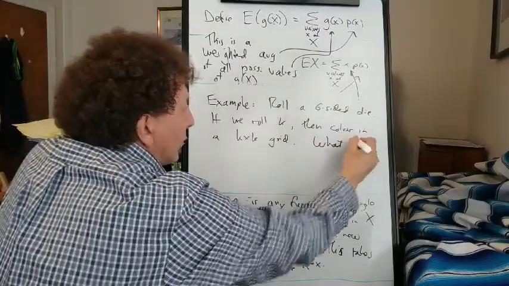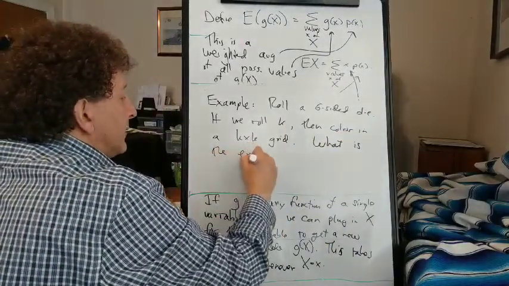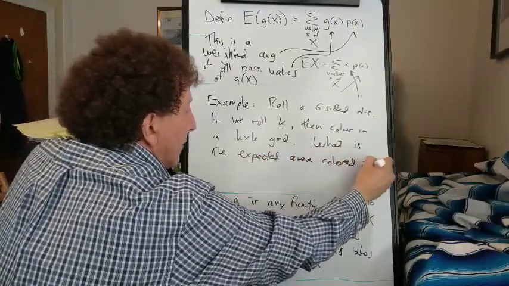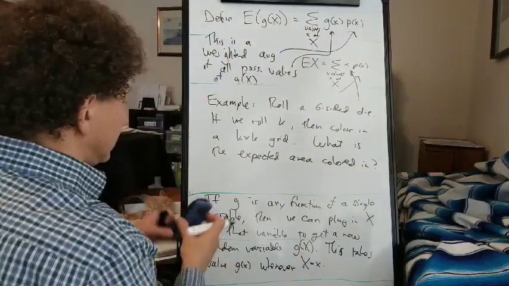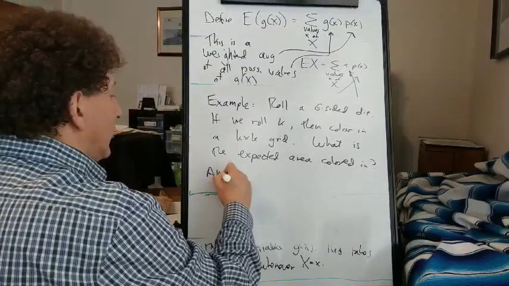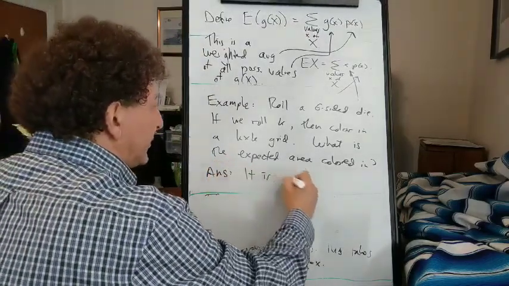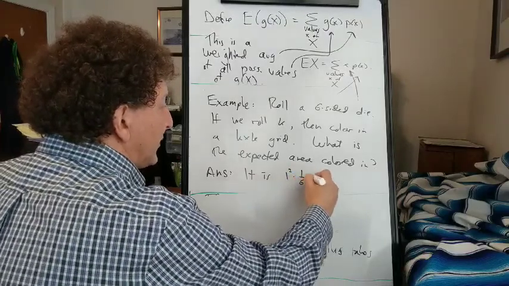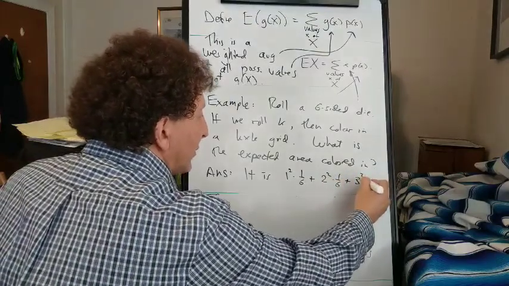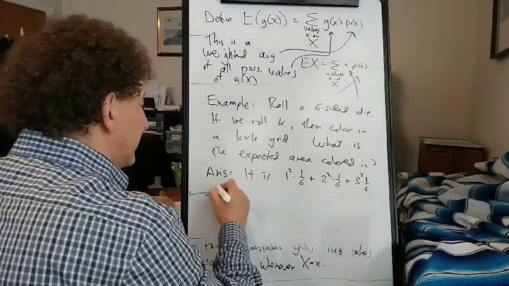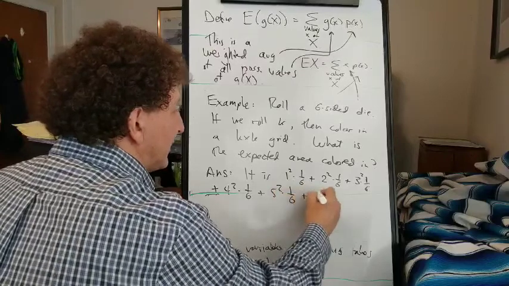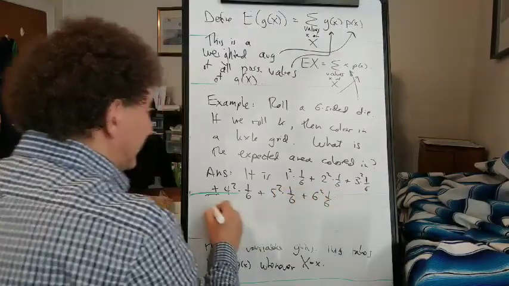And let's compute what is the expected area colored in. And the answer is it's 1 squared with probability 1/6. It's 2 squared with probability 1/6, 3 squared with probability 1/6, 4 squared, 5 squared, and 6 squared, each with probability 1/6.